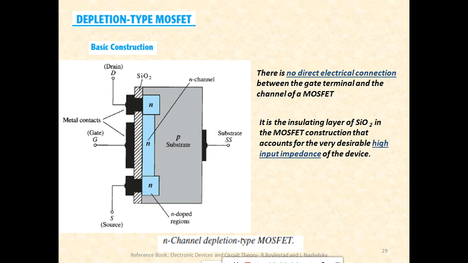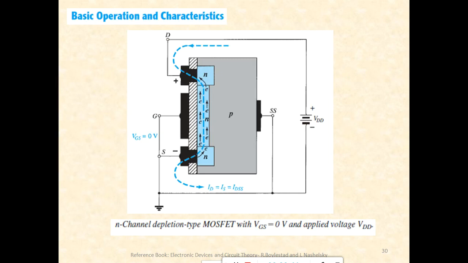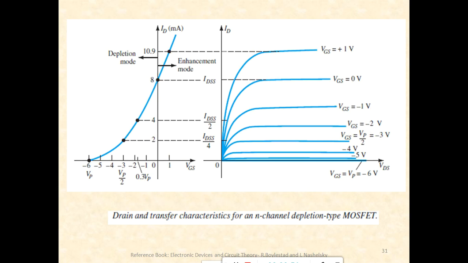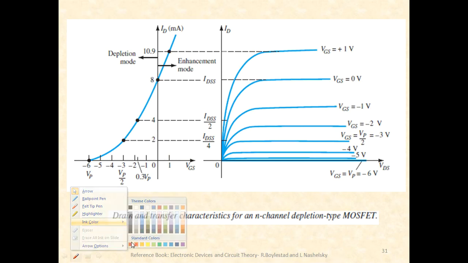If it is an N channel, then an N layer will be present in the depletion type MOSFET. We had just gone through the construction, the working, as well as the characteristics of a depletion type MOSFET. Just to reiterate some of the things.